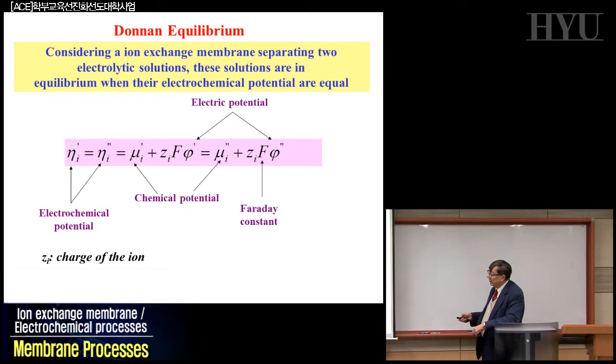The electrochemical potential is nothing more than the chemical potential that we learned to define plus the electrostatic potential, which is the electrostatic potential difference times the Faraday constant and the charge of the ions. That's what we define as the electrochemical potential, and the zeta that we will always use is the charge of the ions.